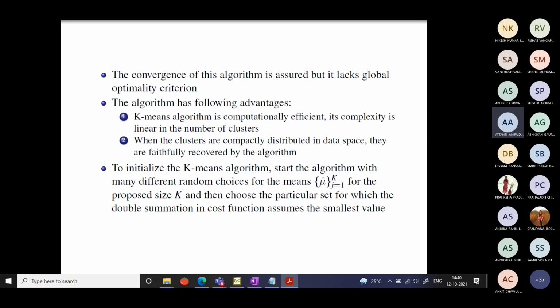Okay, let's try to enumerate one by one. What do we mean by Cover's theorem? First of all, we need a nonlinear transformation. Is there any nonlinear transformation happening in k-means clustering? Whether any nonlinear transformation is happening in k-means clustering, anywhere?